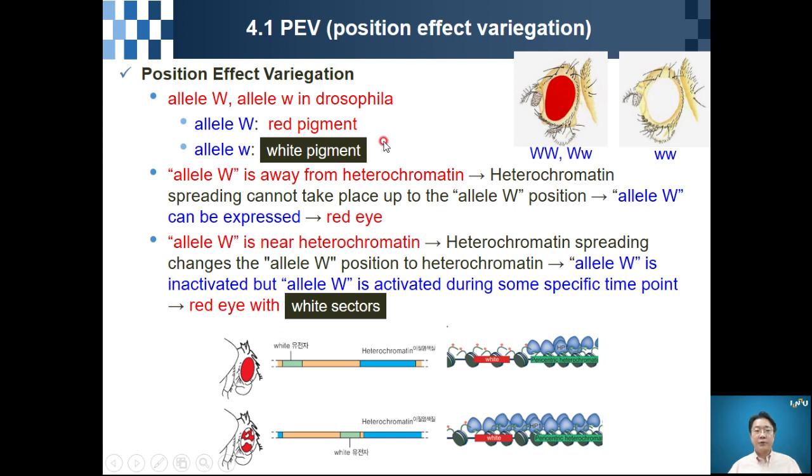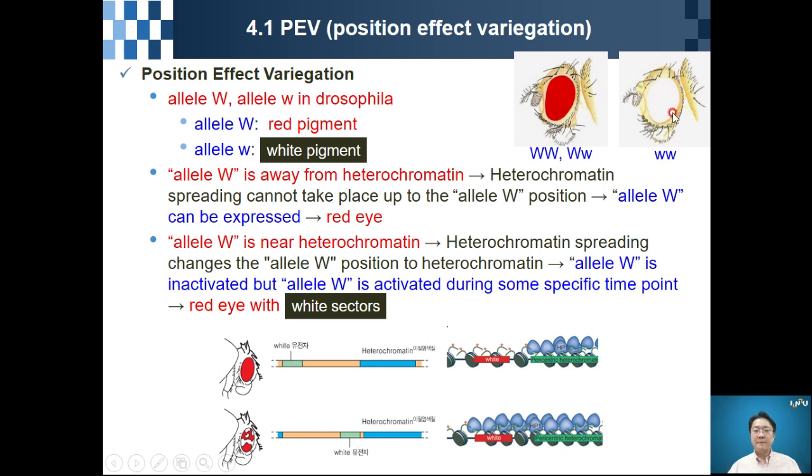But allele large W is dominant over small w. So when the genotype is large W, the eye color will be red, and when the genotype is large W and small w, the fruit fly will also exhibit red eyes. But in the case of small w, it will exhibit white eyes.